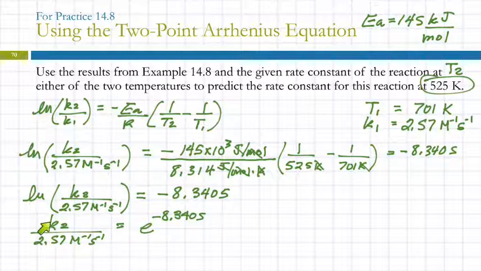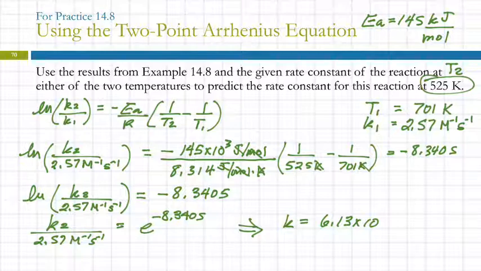So to get K2 by itself, I'm going to find this, and then I'm going to multiply by 2.57. I'm getting K equals, I'll put that in scientific notation, 6.13 times 10 to the minus 4.